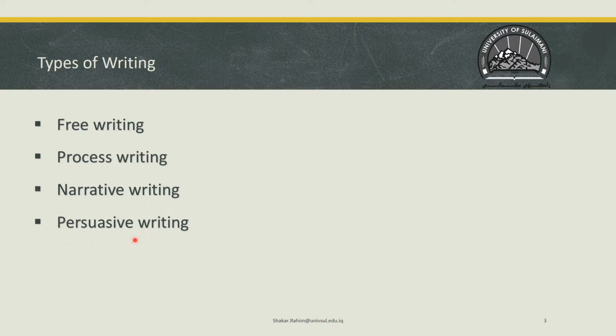And each of these types, they have their own specific criteria and techniques. So if you are doing a free writing, then your techniques are different from process writing, from narrative writing, from persuasive writing. The techniques of persuasive is different from the techniques that you use in process. So each one has its own specialty.